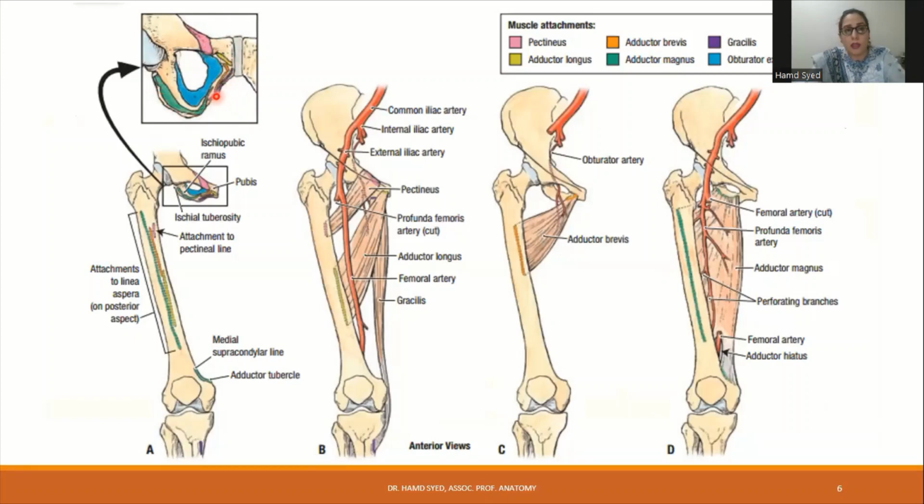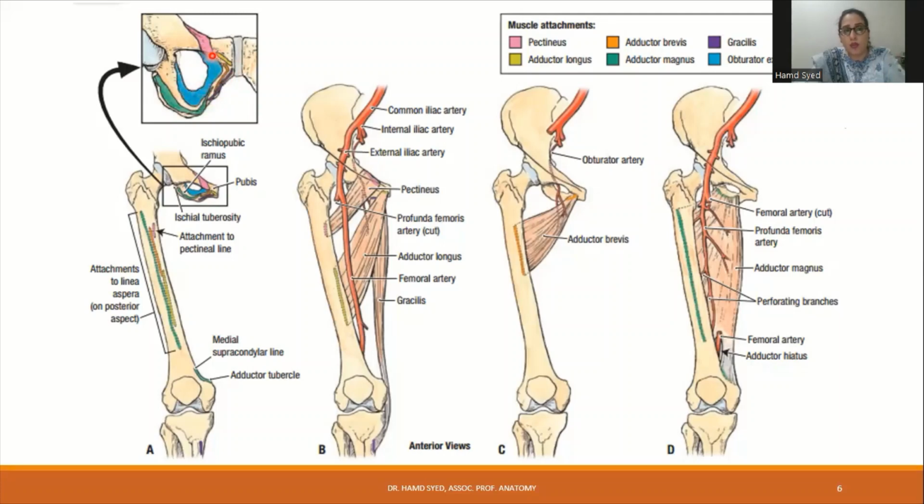And you can see over here that from the inferior ramus of the pubis, the adductor magnus has its origin. You can also see over here that from the pubis, you can see the origin of pectineus. You can also see the adductor longus and the adductor brevis, their origins over here. And the gracilis over here, marked by the purple line, also has its origin from the hip bone.